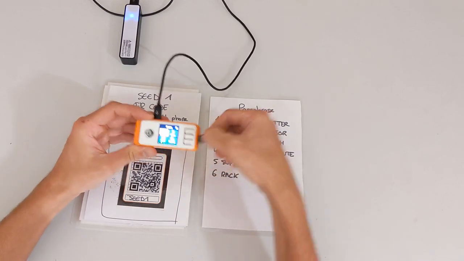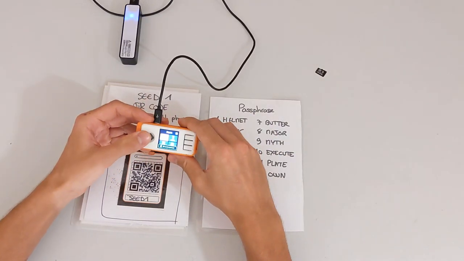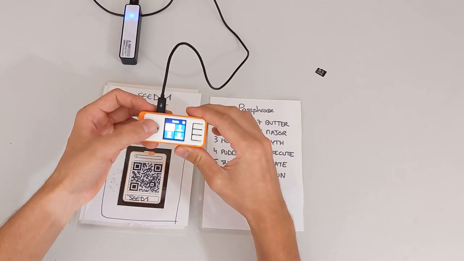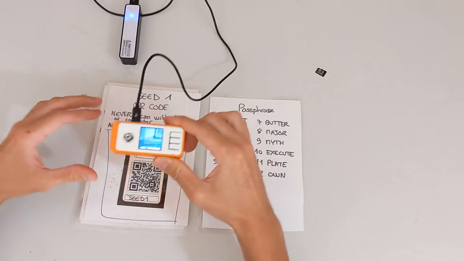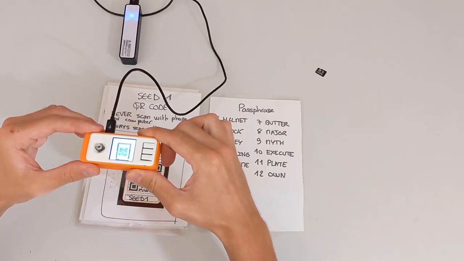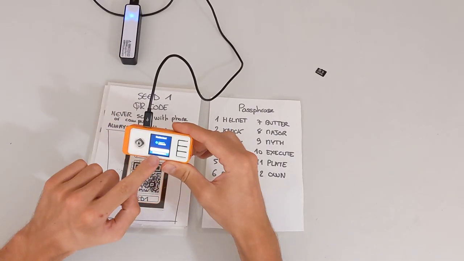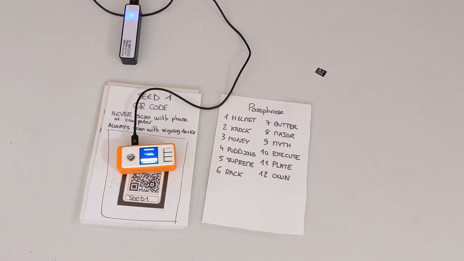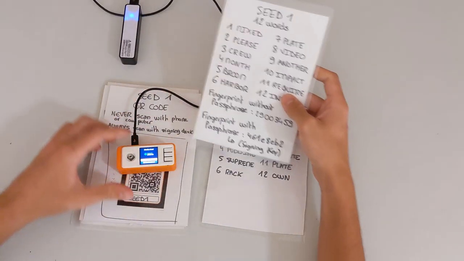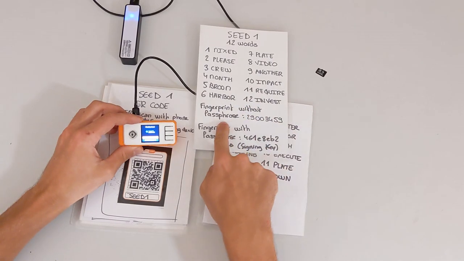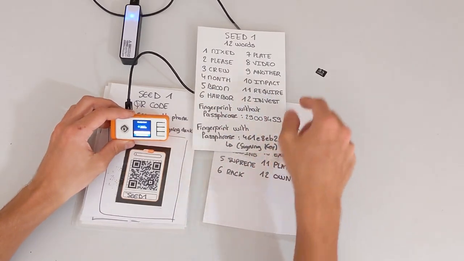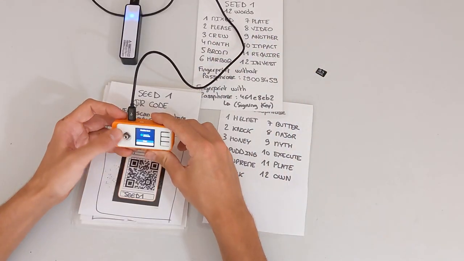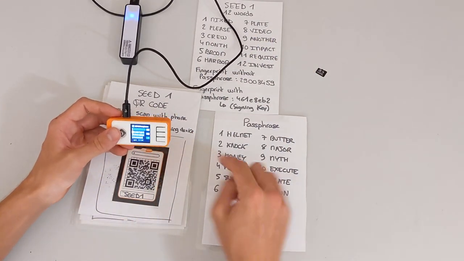Remove the SD card, scan, and then scan the seed, check the fingerprint against the fingerprint without passphrase, which is 29003459, and then add the passphrase, which is right there.